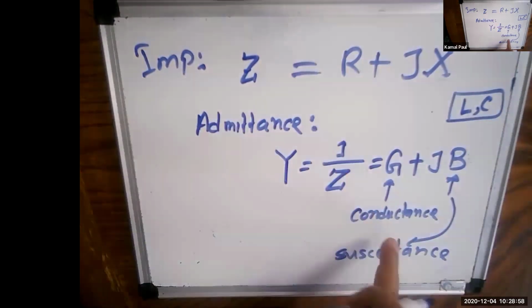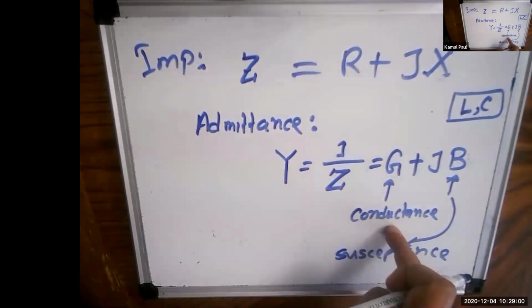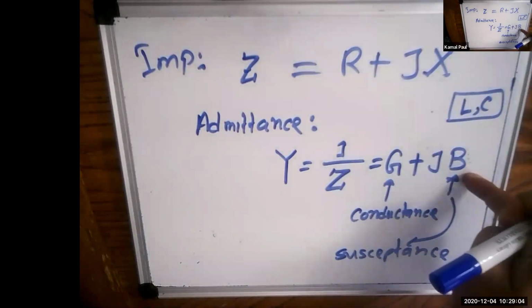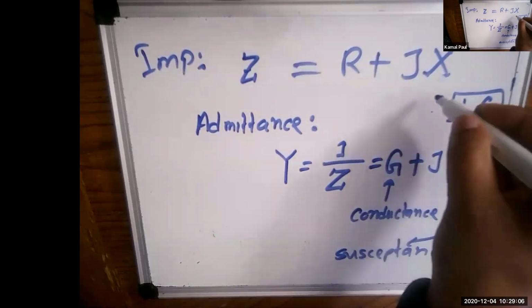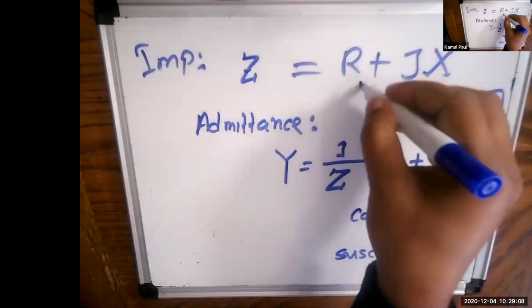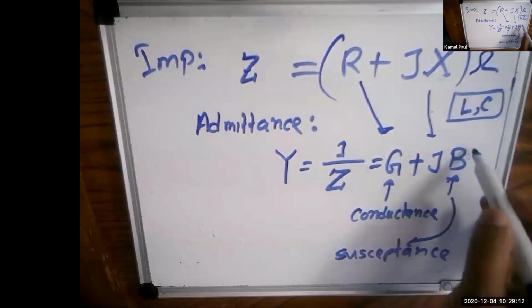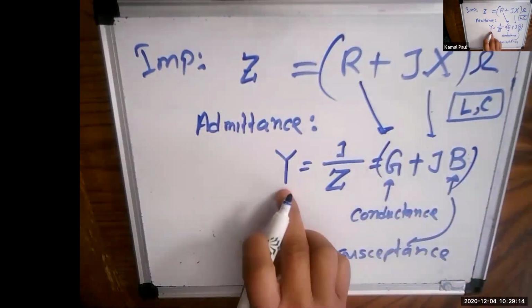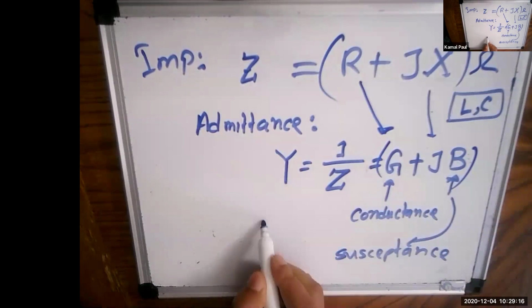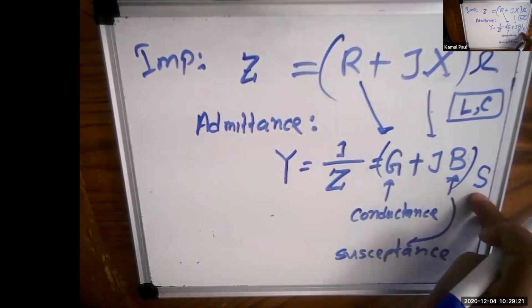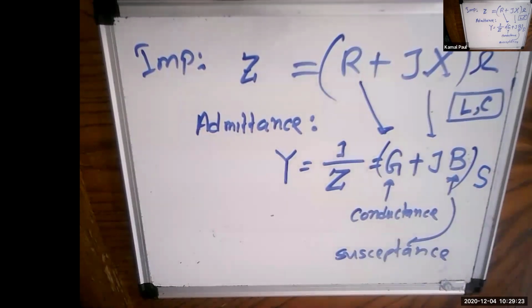The inverse of resistance we call conductance, and the inverse of reactance we call susceptance, just for your analogy. And the unit you already know, ohm, and the unit of admittance is Siemens. We represent it with S. So far these are the basic things.